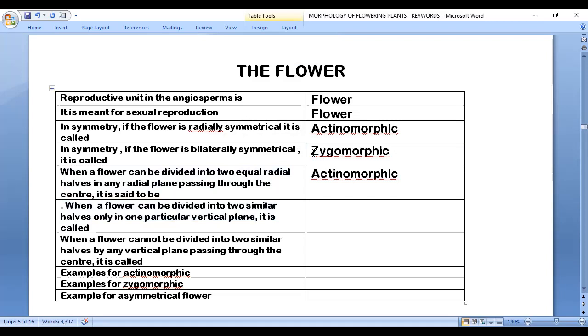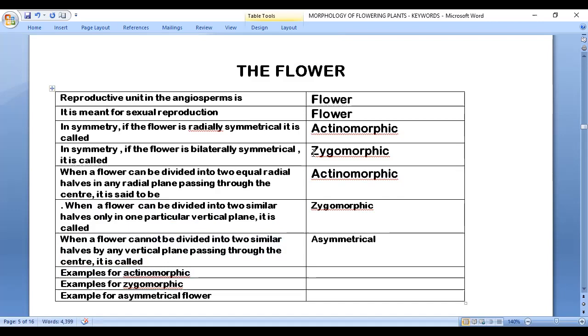When a flower can be divided into two similar halves only in one particular vertical plane, it is called zygomorphic. When a flower cannot be divided into two similar halves by any vertical plane passing through the center, it is called asymmetrical.